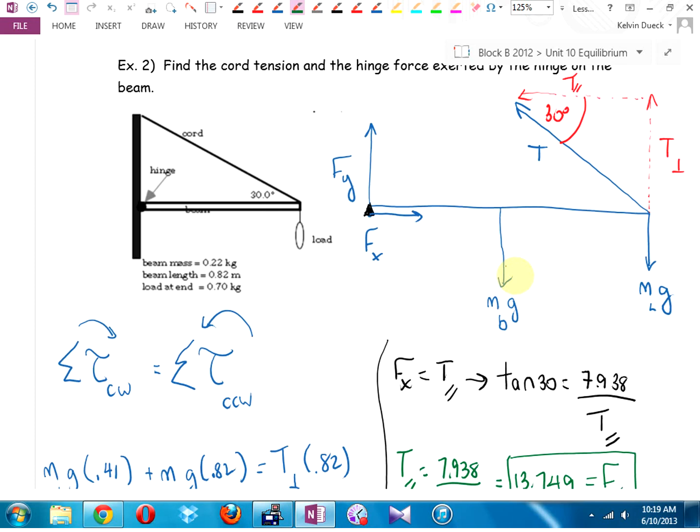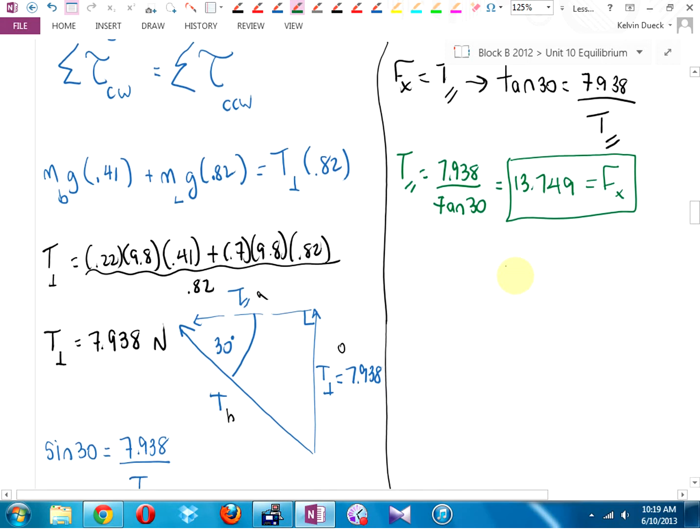So if I hear you correctly, you're saying Fy plus perpendicular equals the mass of the beam times g plus the mass of the load times g. Sorry, not Fx, Fy. Make that x into a y. Silly.